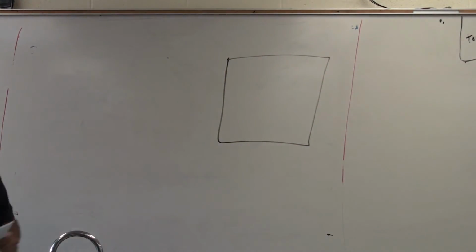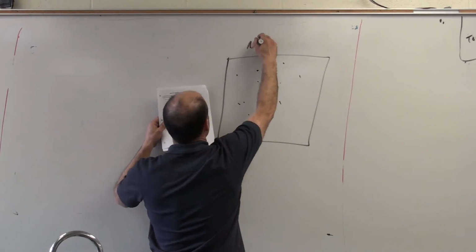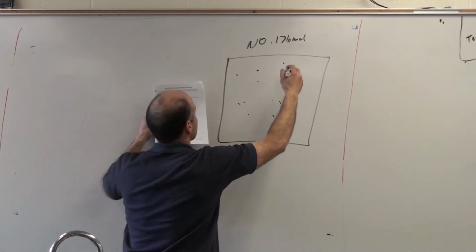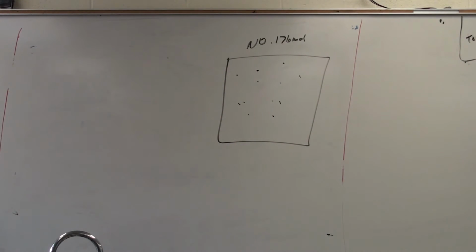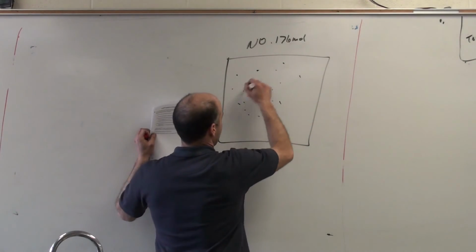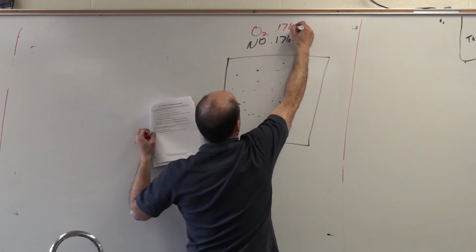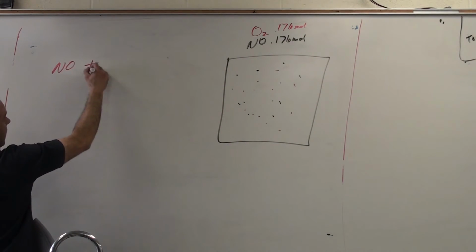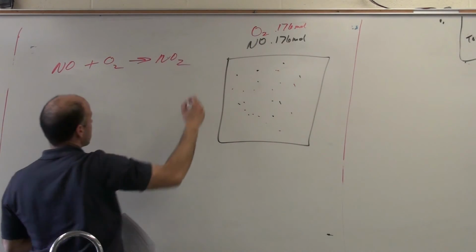So we've got nitrogen monoxide, 0.176 moles of it, and we're going to add an equal amount of oxygen. And so the nitrogen monoxide and the oxygen are going to react to produce nitrogen dioxide.